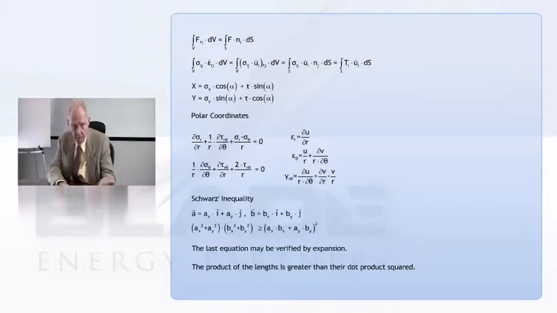That's the N and T business that we've been through about 3 times by now. So this says the work being done in deforming the body is equal to the work done by the external loads.